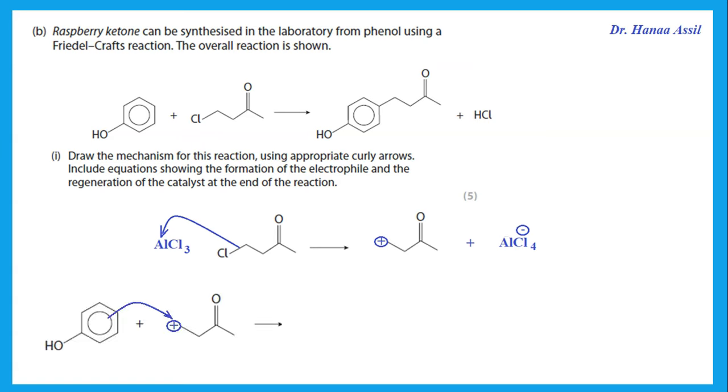Now, this can be attacked by the benzene ring. So from the benzene ring to that positively charged carbon, we have an intermediate in which the ring has a partial positive charge.